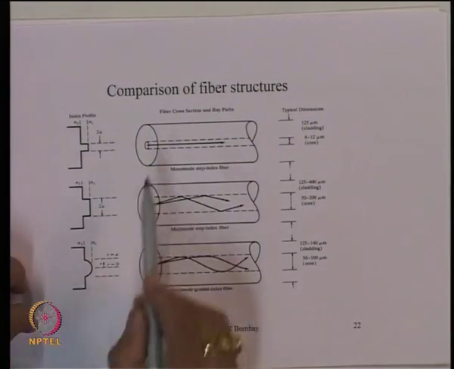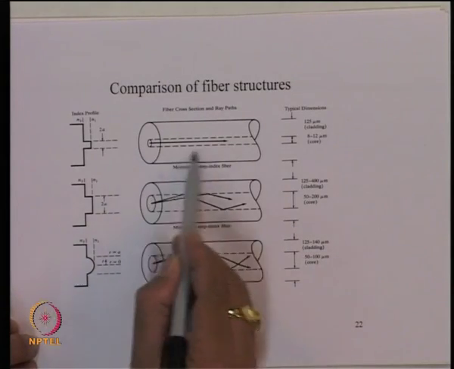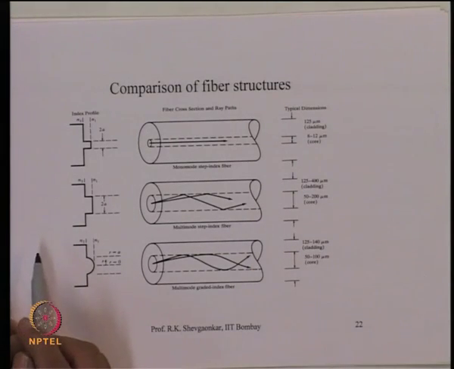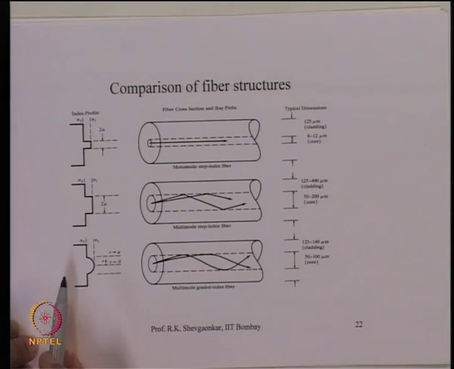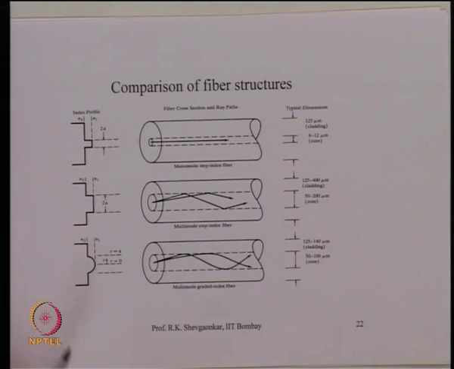So, now let me just summarize what we said. We have three types of optical fibers in practice now. The best fiber is the single mode optical fiber, where the core is very thin, the diameter is about 8 microns. This is the refractive index profile, and only one ray goes inside this optical fiber, and this is the best optical fiber because for this the dispersion is very low.